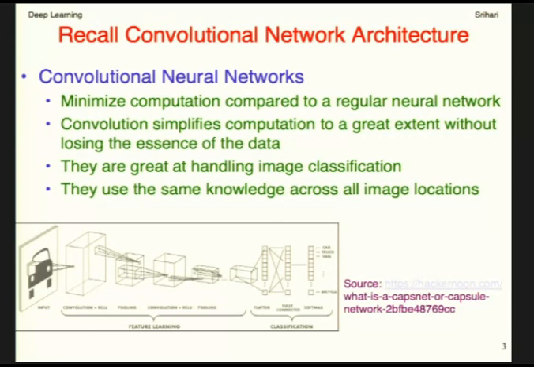And in a convolutional network, what do we do? We minimize computation compared to a regular neural network. Convolution simplifies the computation to a great extent without losing the essence of the data. And they are great at handling image classification. They use the same knowledge across all image locations. So here's a picture of a car, here's a convolution plus a ReLU, there's pooling, this is an important part. This is the part we're replacing.